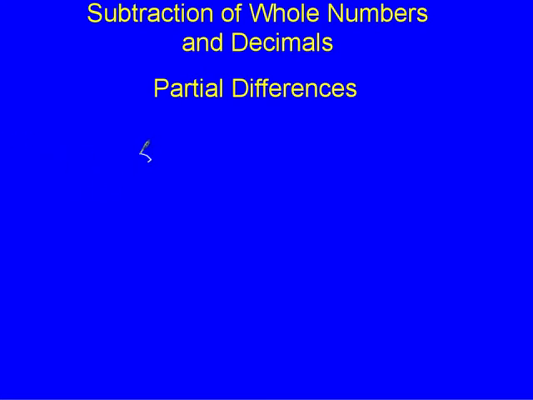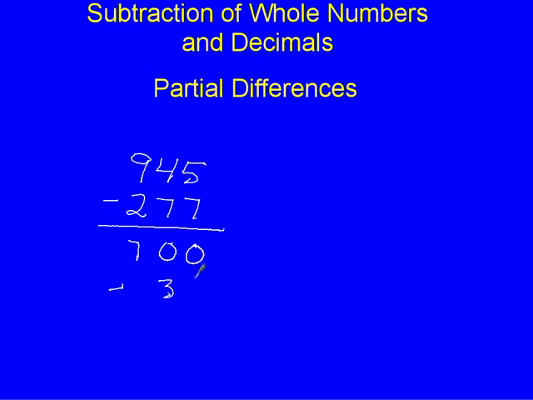945 minus 277. Going by place values, 900 minus 200 is 700. 4 tens or 40 minus 7 tens or 70 is negative 30.